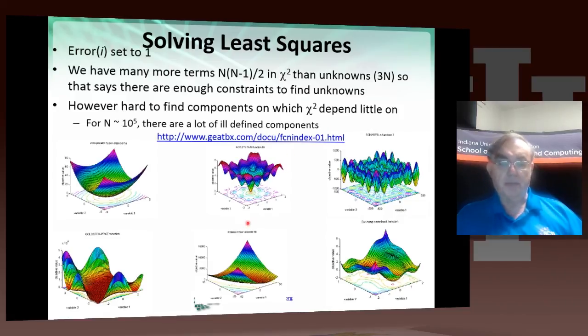If I look at this problem here, there are these different shapes. This shape here has a pretty good minimum because it's got good curvature in all directions. With this shape here, you can find where you are in this direction from the curvature, but to find what's going on in this direction is essentially impossible, because chi-squared hardly changes if you move in this direction.